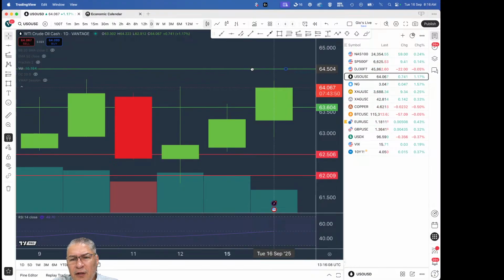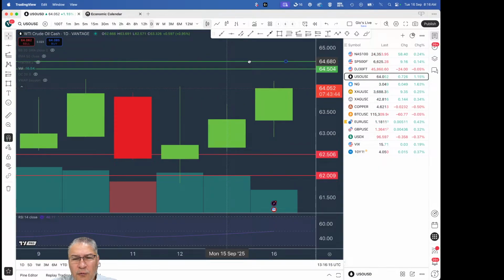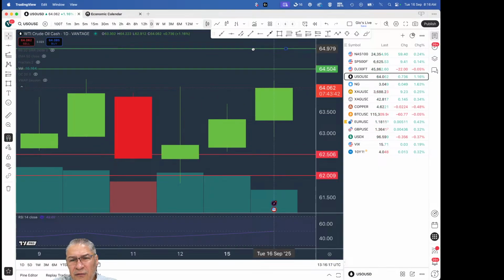So I'm going to use 65 and a half. I like to use 50-cent increments for levels of resistance and support in crude oil, moving by 50 cents. So as you may see, the $63 psychological level has been penetrated, and actually rejected.